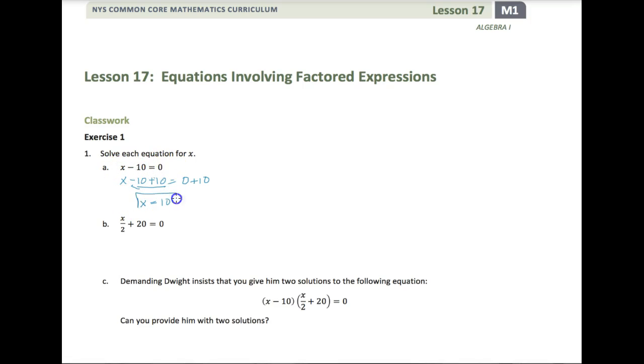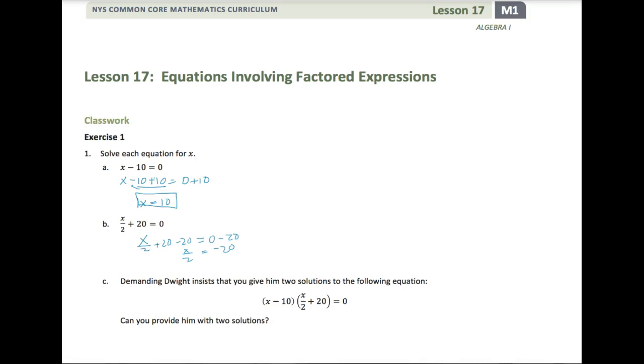Yep, very good. Next one, x divided by 2 plus 20 minus 20 equals 0 minus 20. That means x over 2 equals negative 20.